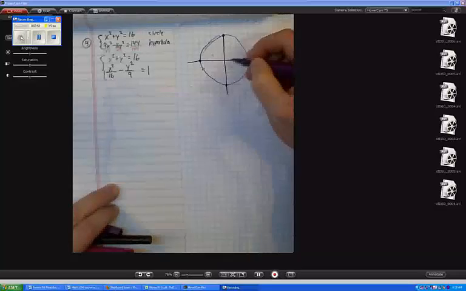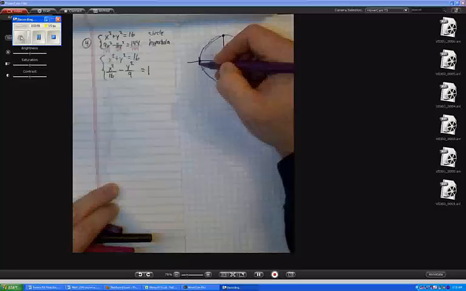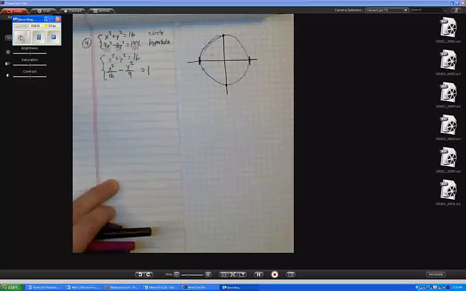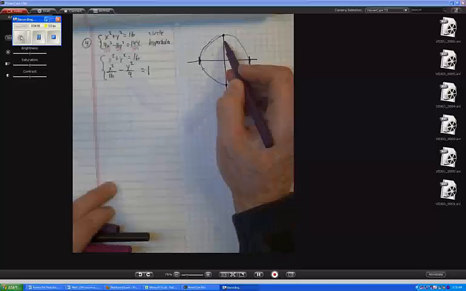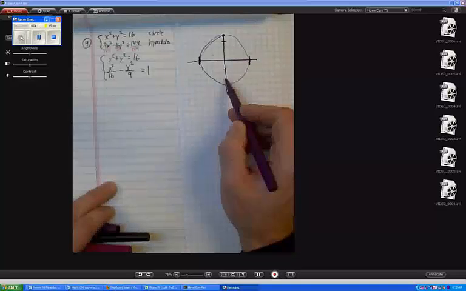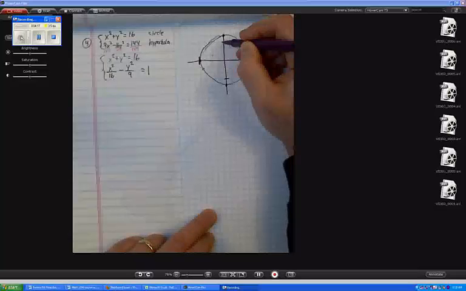So I'm going to come out 4 in the x direction. See, what I'm doing is I'm drawing the rectangle that's going to help me get my asymptotes. And then B squared is 9, so that tells me to go up and down how far? 3. And so you want a rectangle that goes 4 in either direction and 3 in either direction.